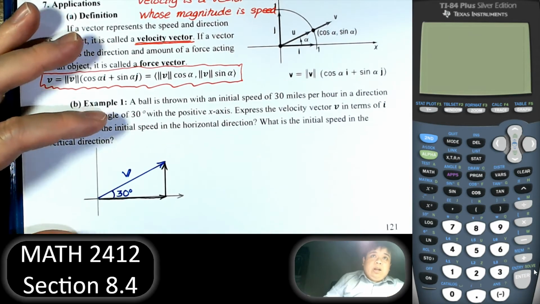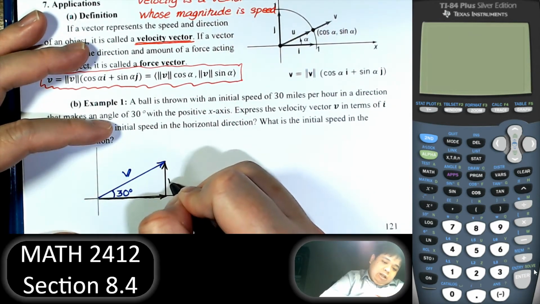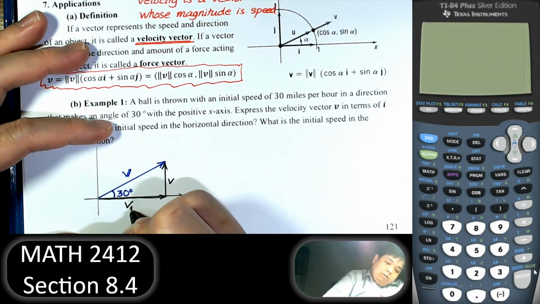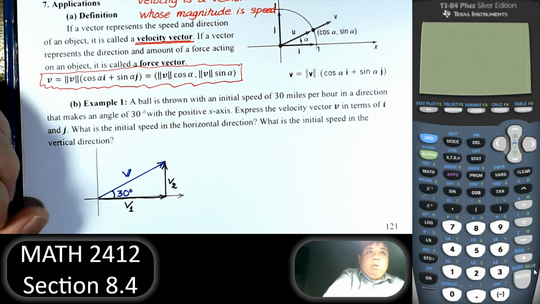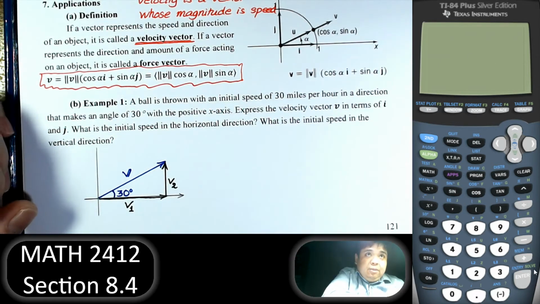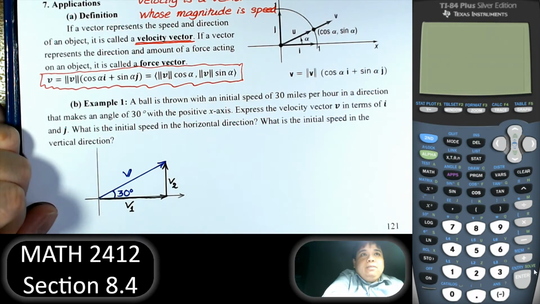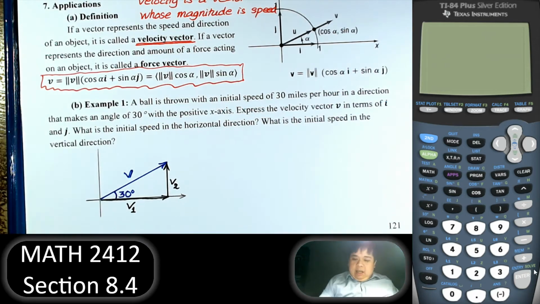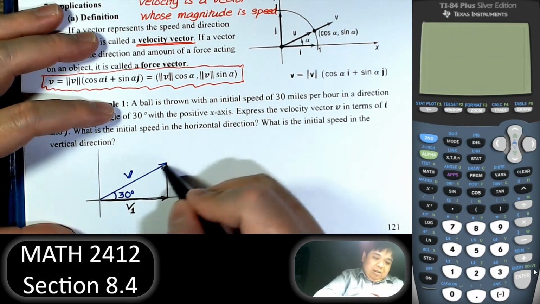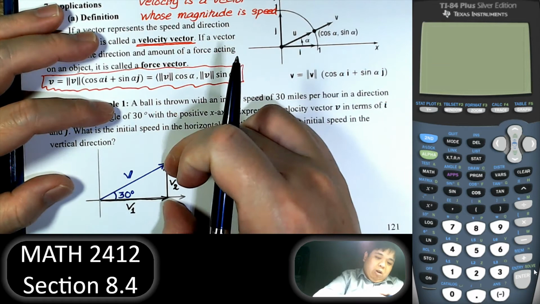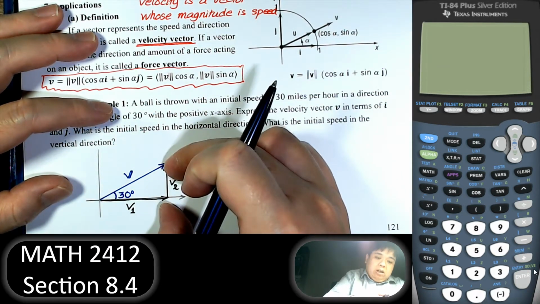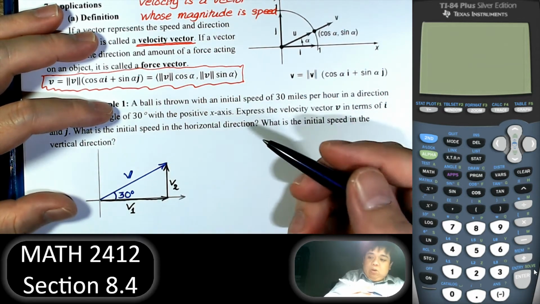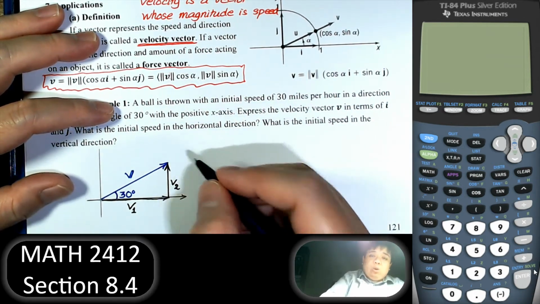This is v1, the horizontal component, and v2, the vertical component of the vector. And with that figure, this is also the y component, and this is the x component.